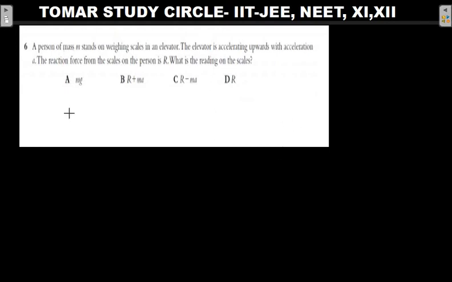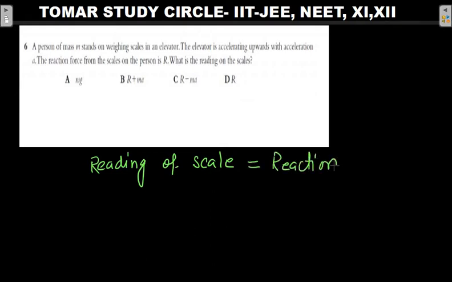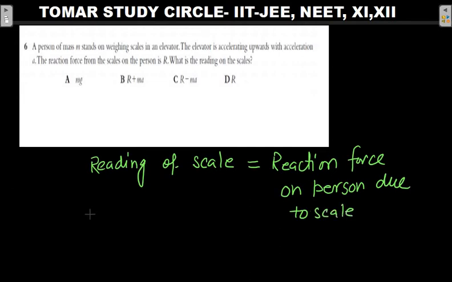The reading of the scale R will be the reaction force on the person due to the scale, or that will be equal to R, or that will be equal to mg plus ma.